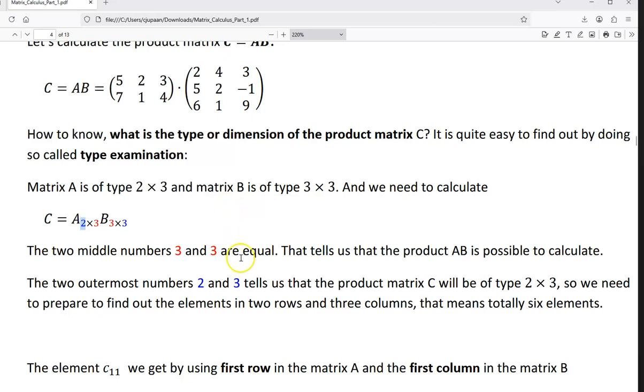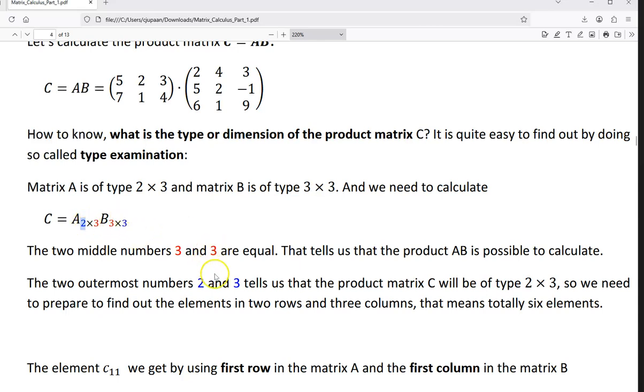So when you are calculating this by hand, with pen and paper, this is important to do, because with this method you may choose the place for that matrix on your paper. You know that, for example, in this case the result will have 2 rows and 3 columns.